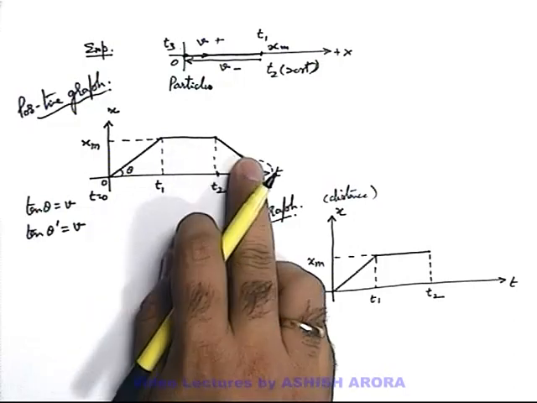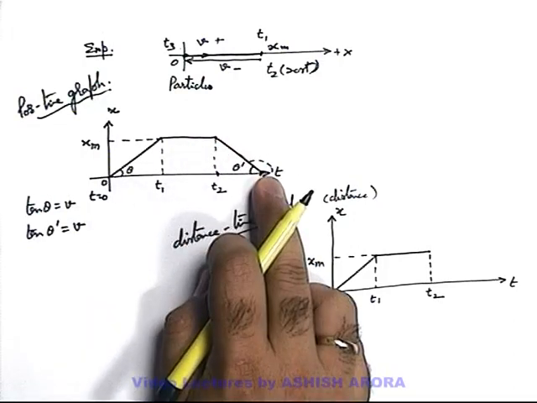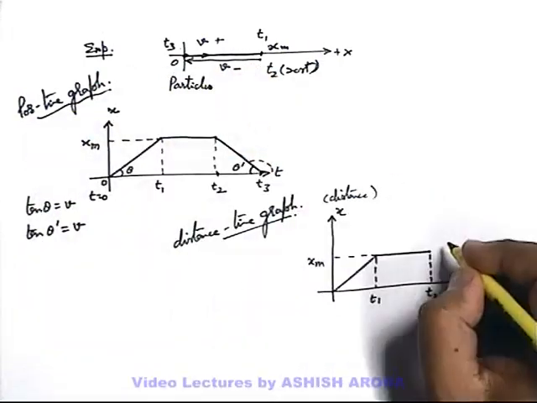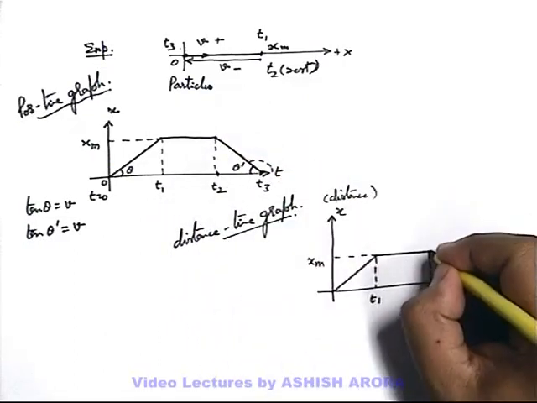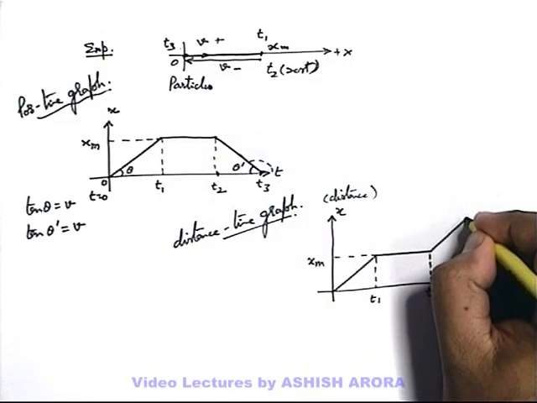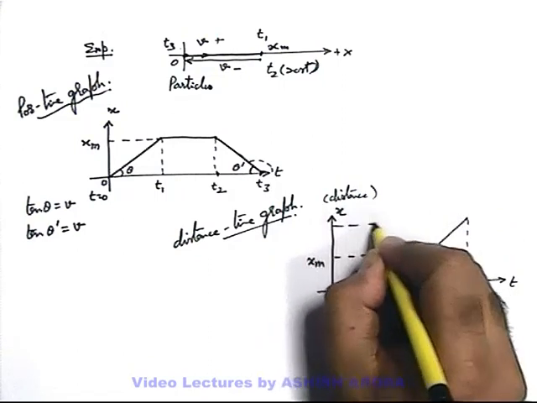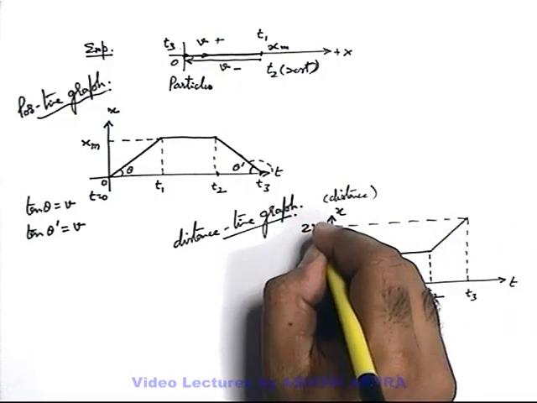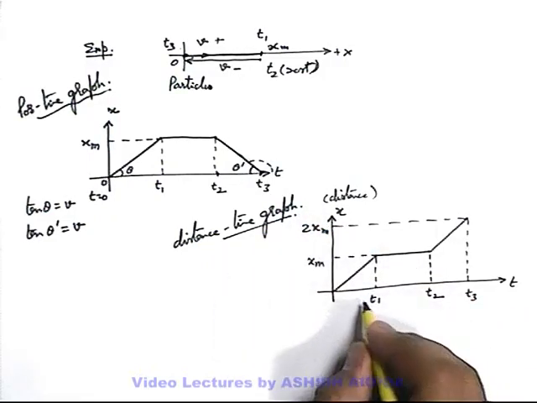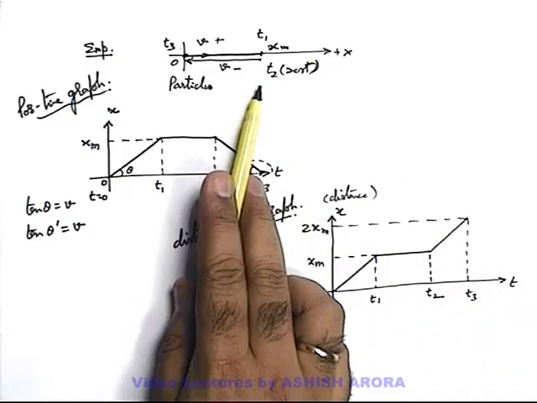But if we talk about position, it is coming down, but if we talk about distance, it is still increasing. So the same graph can be drawn in the reverse direction. So up to a time t3, it will be able to cover a distance of 2xm. This is the distance time graph for the same motion.